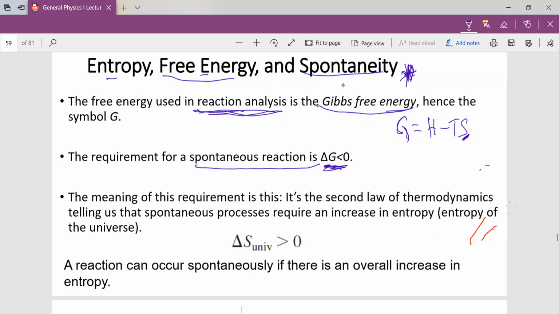And to apply Gibbs energy, you have to understand the enthalpy, which is H, being equal to energy plus the product of pressure and volume. So to expand the Gibbs free energy, we consider energy, pressure, volume, entropy, and temperature.